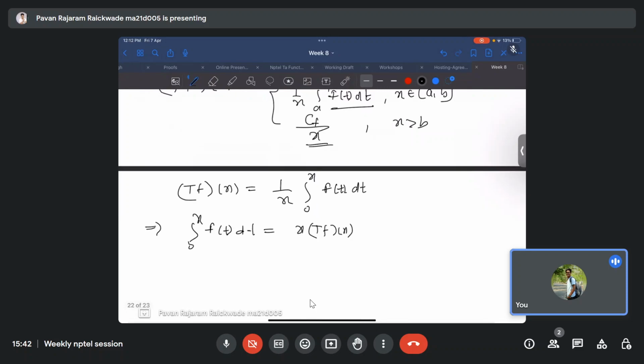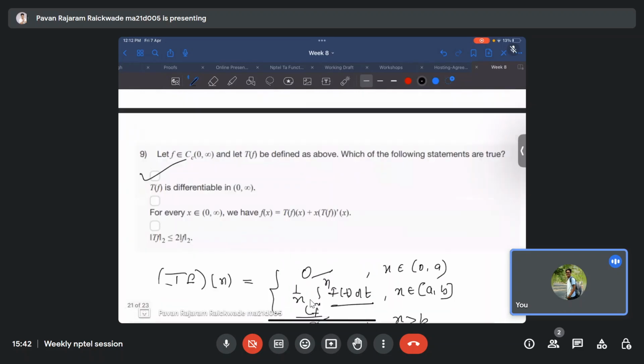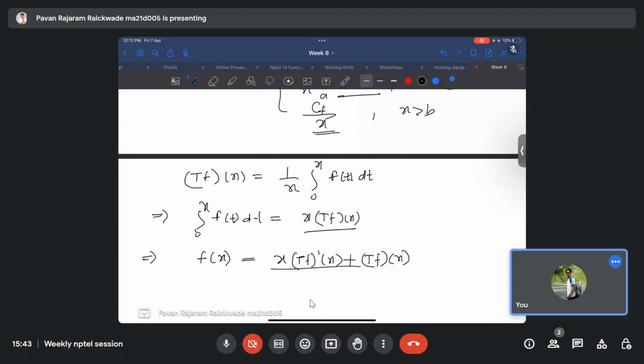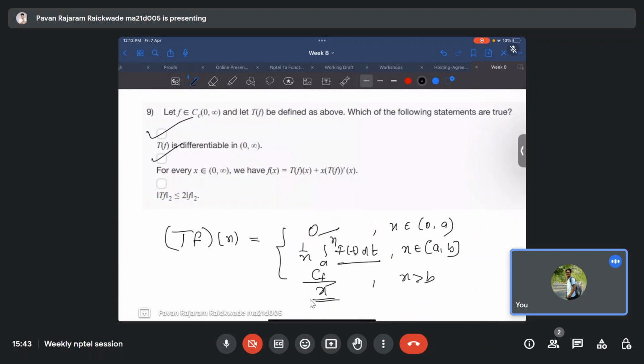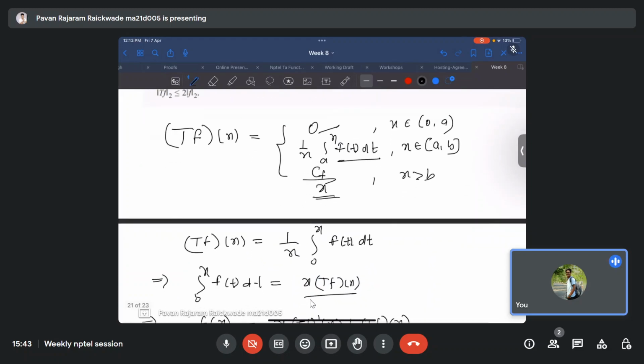If you differentiate on both sides, here you will just get f(x), which equals the derivative of this, which is x times Tf'(x) plus Tf(x). Derivative of x is 1. This is what we get: f(x) equals Tf(x) plus x Tf'(x). Now we have to show whether norm Tf_2 is less than or equal to 2 times norm f_2.